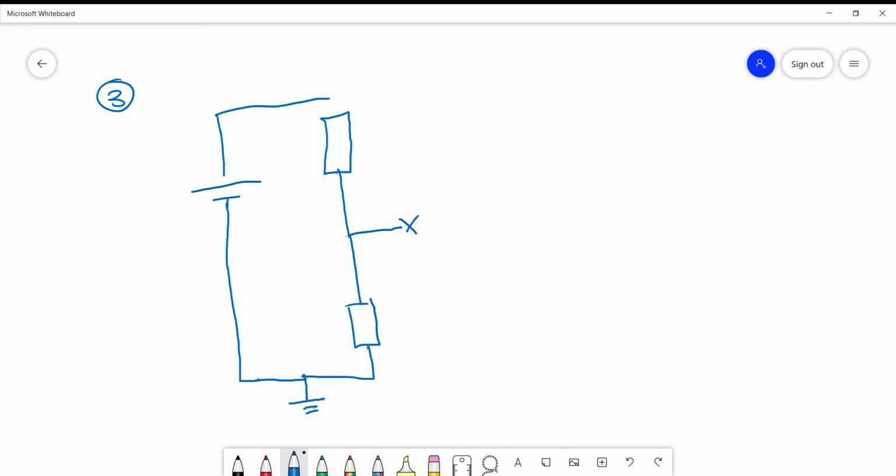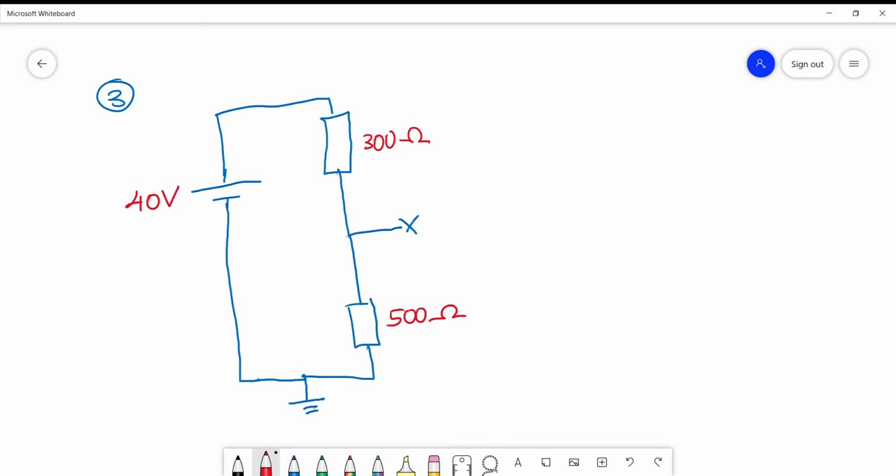Okay, this is our circuit. The first resistor is 300 ohm, the second resistor is 500 ohm, and finally our battery is 40 volts.